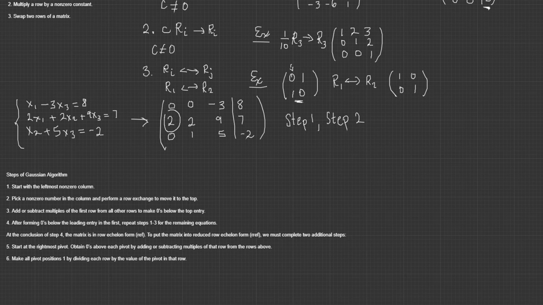But we'd have to start with the second row because the other entries are 0. And that's where step 2 comes in, because what we want is this row with the first non-zero entry to be at the top.